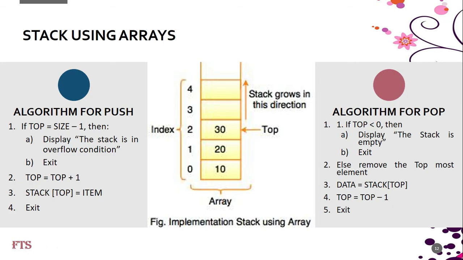Therefore, we have to display a message for the user saying the stack is empty. Then exit. Else, we can remove the topmost element. Therefore, we assign the topmost element of the stack to a temporary variable data. Then decrement top pointer by 1, then exit. This is the algorithm.